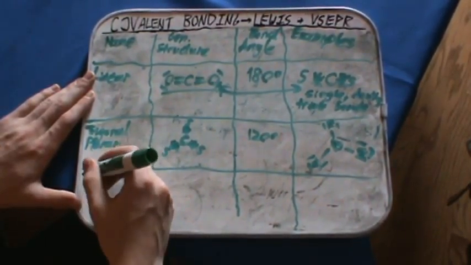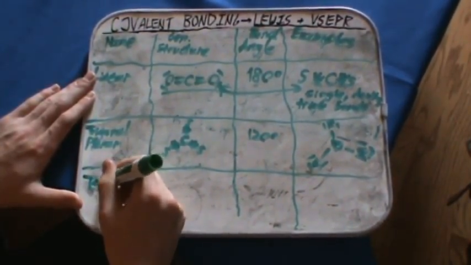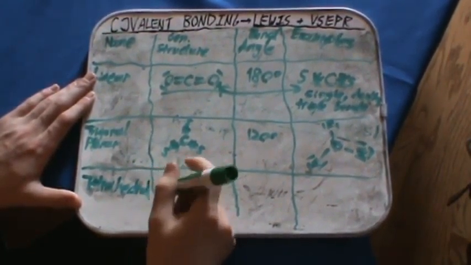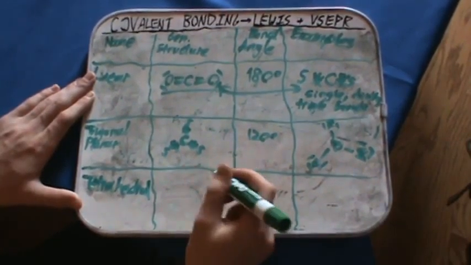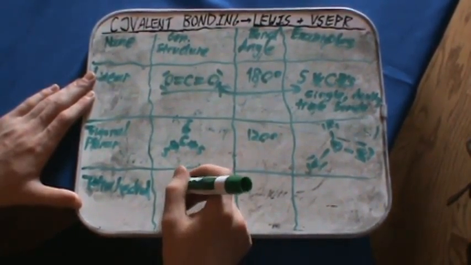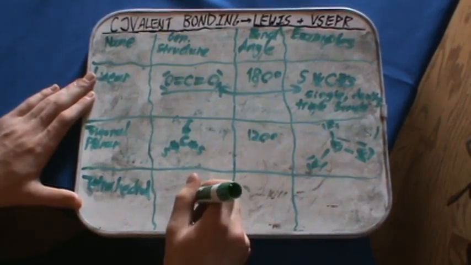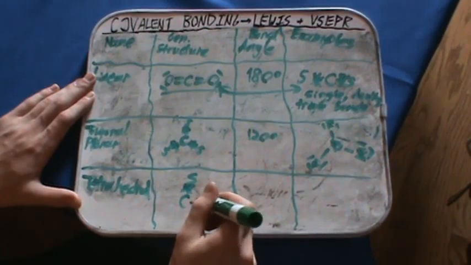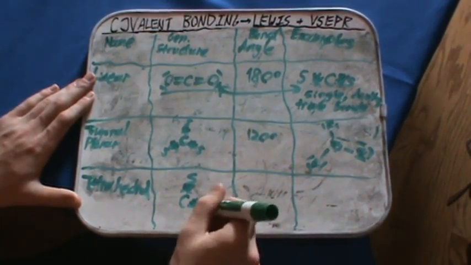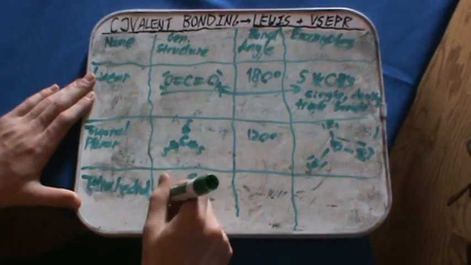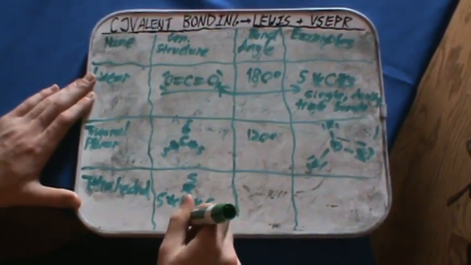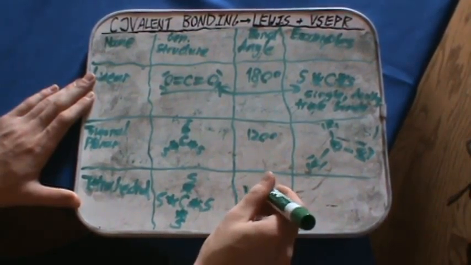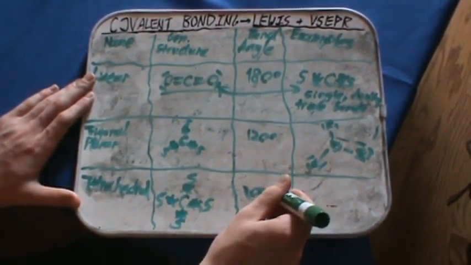Now next we've got the tetrahedral. The general formula is just going to be, as we predict, four S's around a central atom. Now the bond angle is, because of the 3D space, 109.5 degrees.